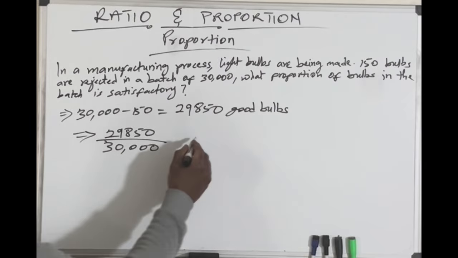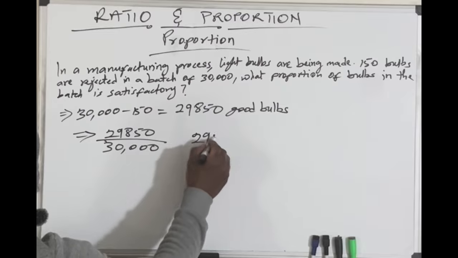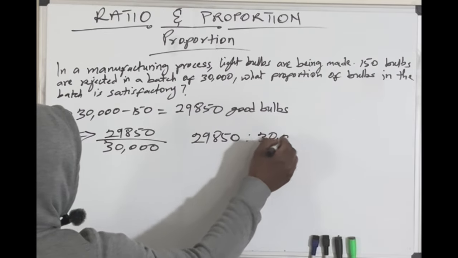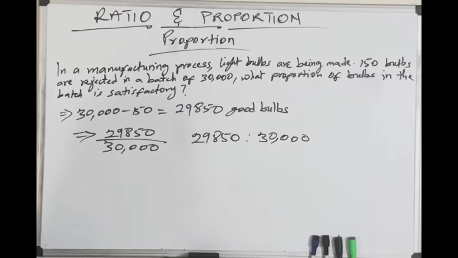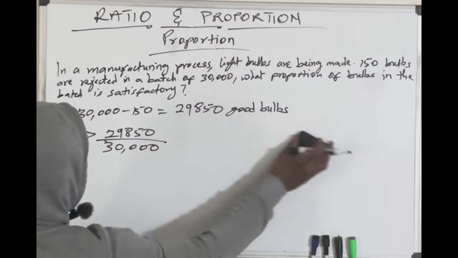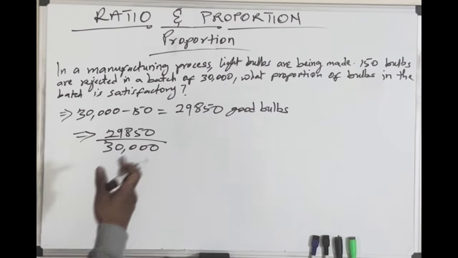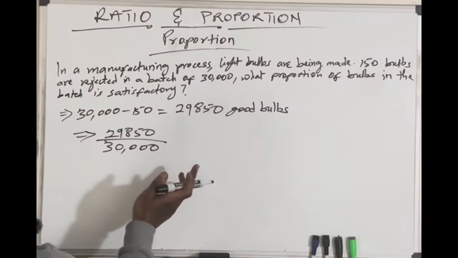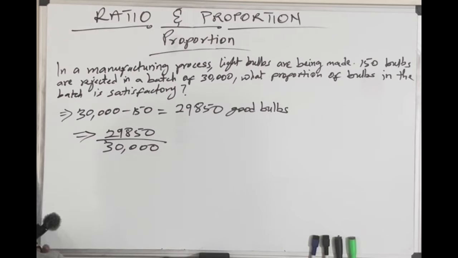So this can also be written as what? 29,850 is to 30,000 as a ratio. All right, so let's do some cancellations. Let's use 150.